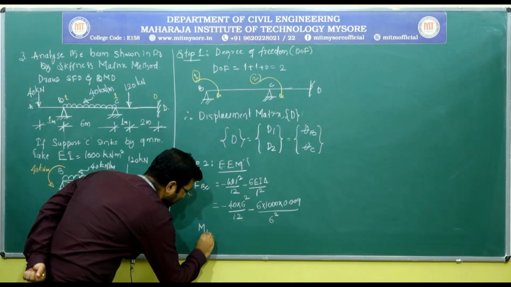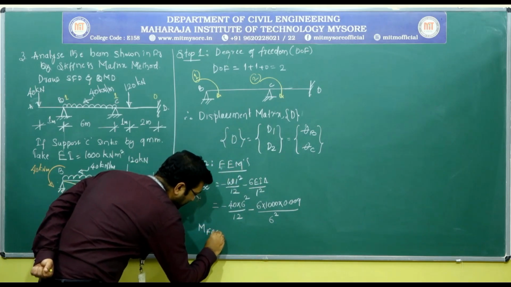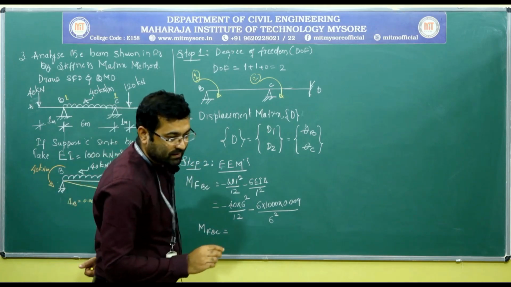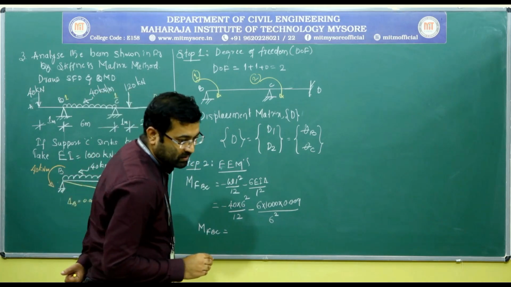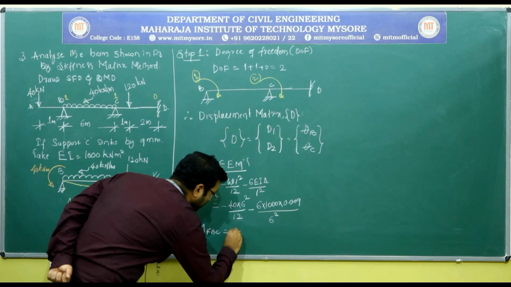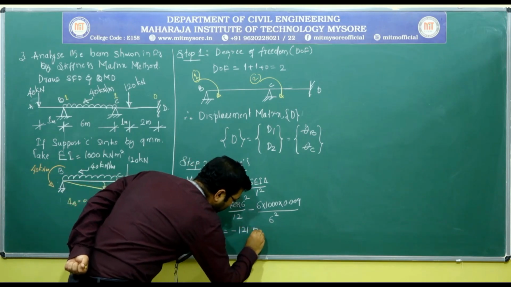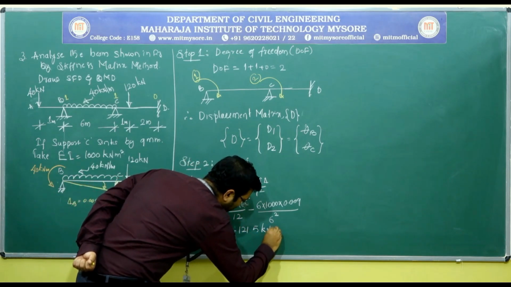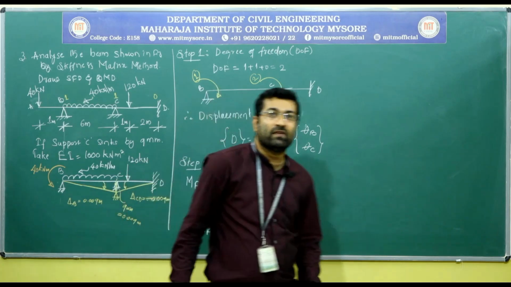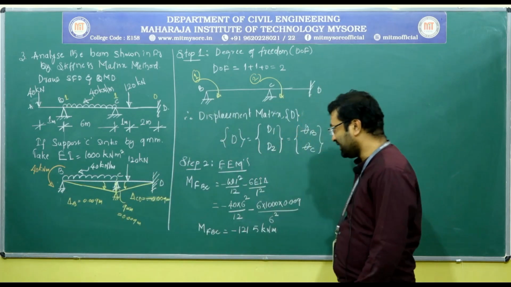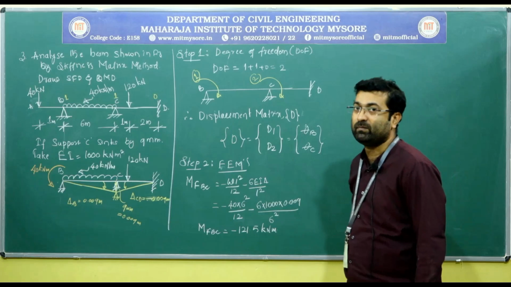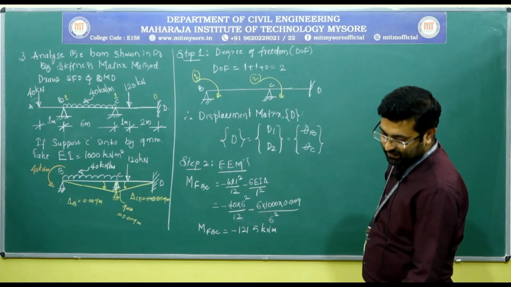This gives me a value of MF BC as minus 121.5 kilonewton meter. That is the fixed end moment at B, MF BC.